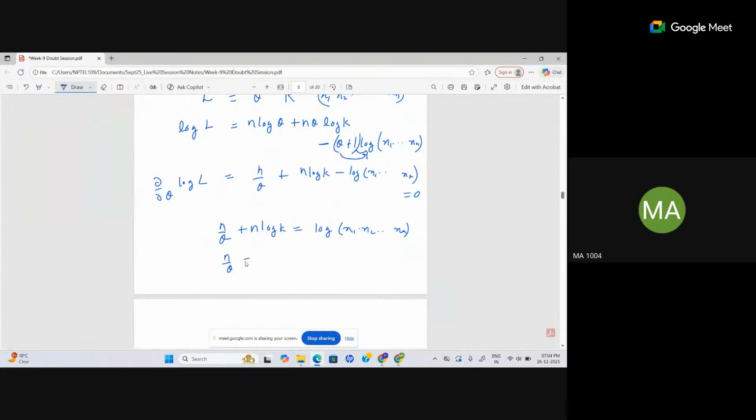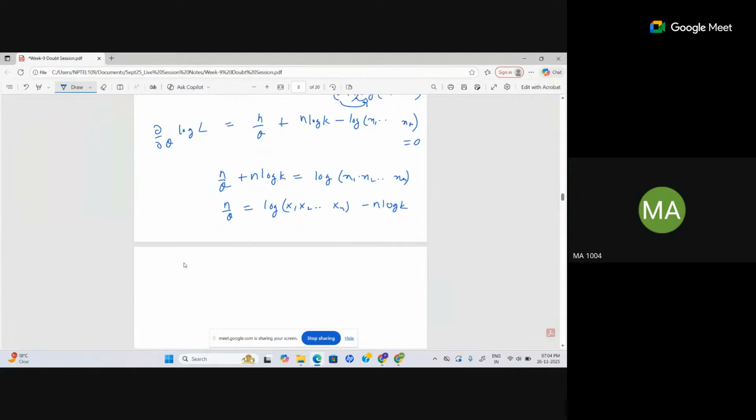So this is log x1, x2 up to xn minus n log k. So theta will be equal to n divided by log of x1, x2 up to xn minus n log k. This will be theta hat MLE.